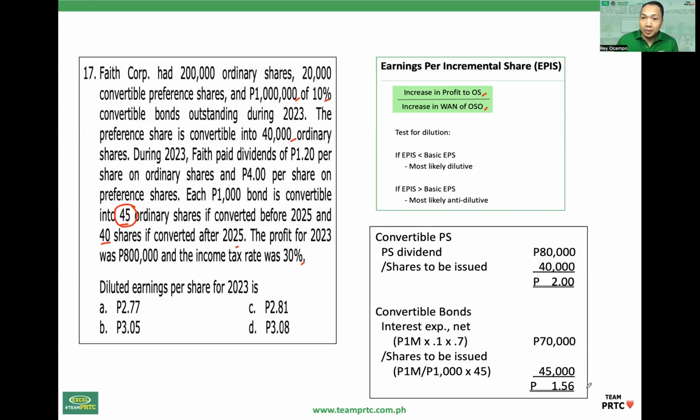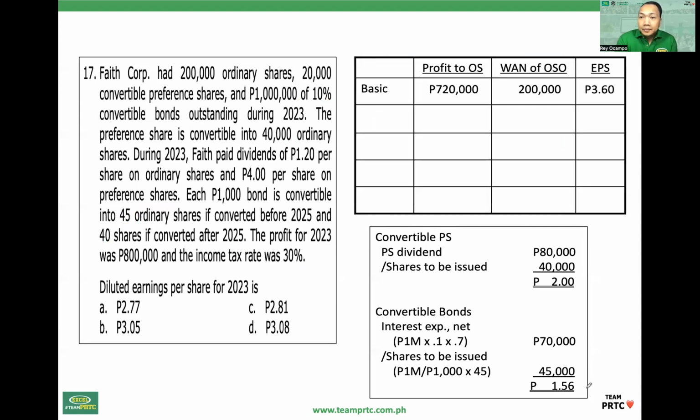Okay, so in your solution guide. Okay, so effect of bond conversion. So if the bonds are converted, increase in numerator, increase in denominator. Okay, adjusted numerator, adjusted denominator. So notice the effect. That will decrease EPS from 3.6 to 3.22. So dahil nag-create ng dilution ang bonds, ang tawag sa bonds, dilutive.